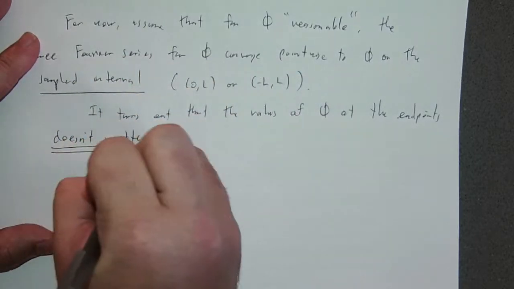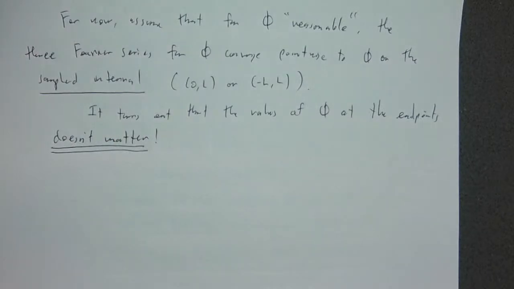This is very convenient. This is very nice. But why would this be the case? Well, remember that all of those Fourier coefficients involved in defining these Fourier series for phi involve integrals over the interval in question.